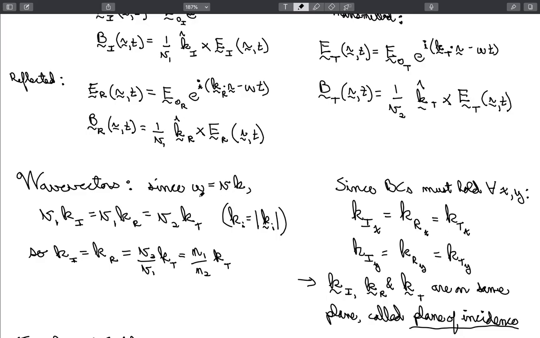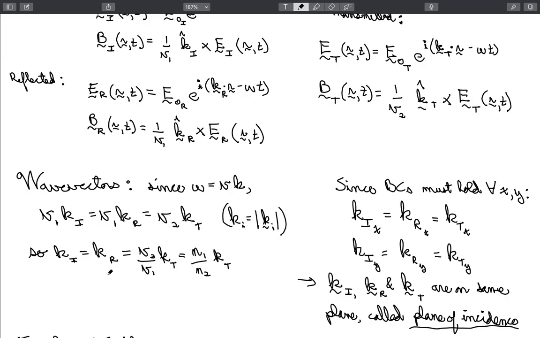In our case, this has to hold for all the incident, reflected, and transmitted waves. So here I'm using the notation where just the norm of the incident, reflected, or transmitted wave vector is written by this simple letter. So the norm of the incident wave vector times V1 is equal to the same thing for the reflected, but now for the transmitted there's a V2.